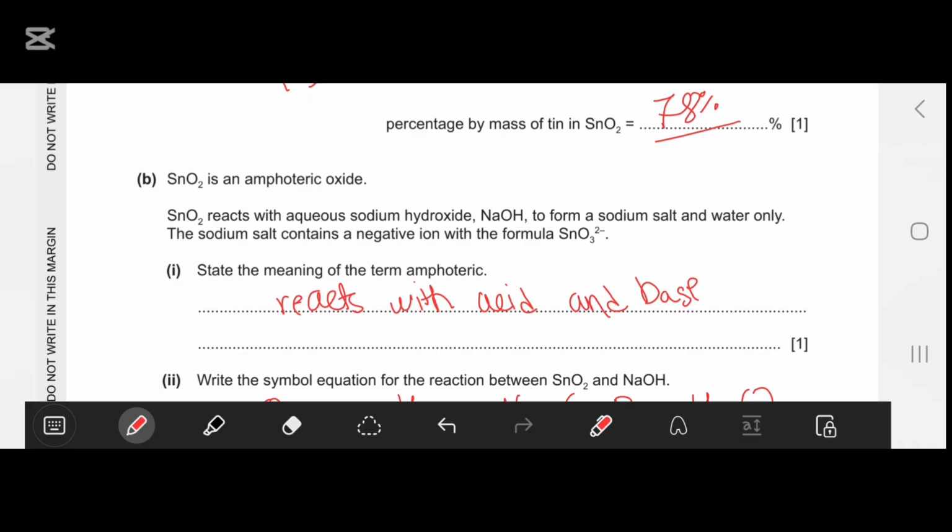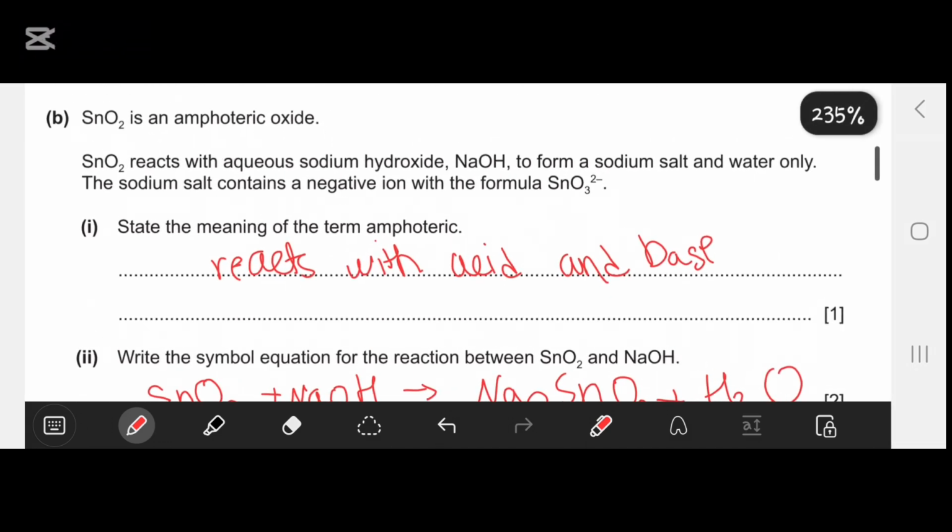It will neutralize both of them. It will produce salt and water with both of them, unlike an acid reacting only with a base and a base reacting only with an acid.